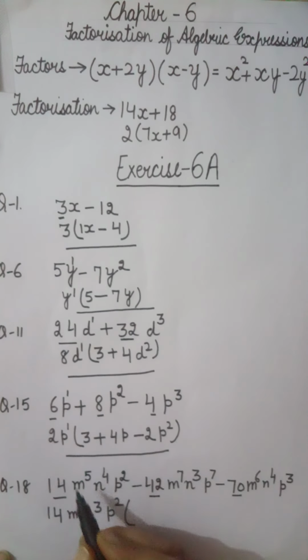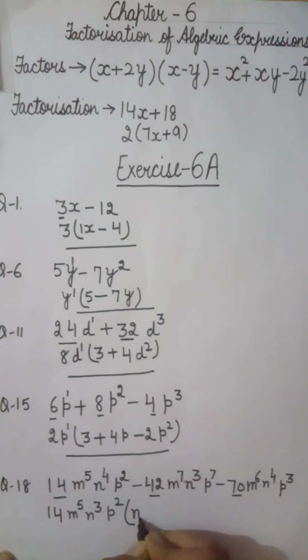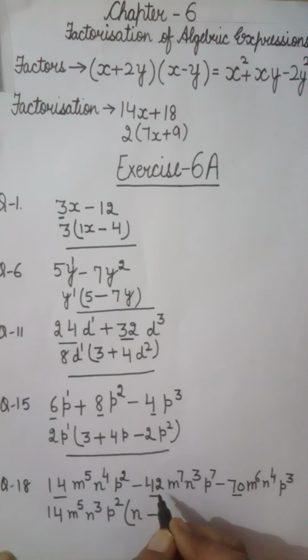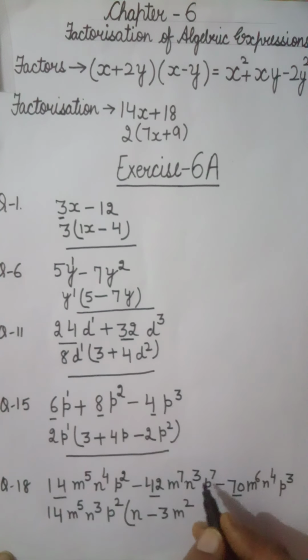Now 14 divided by 14, there is 1. m1 divided by m1, 1. n4 divided by n3, you get n. Minus 42 divided by 14, you get 3. m7 divided by m5, we get m2. n3 divided by n3, we get 1.